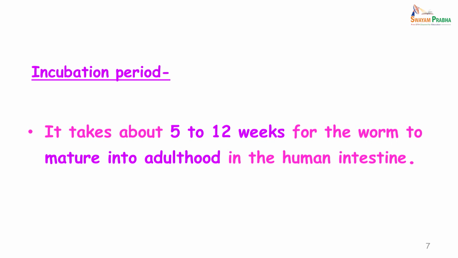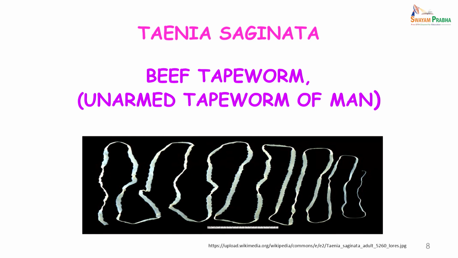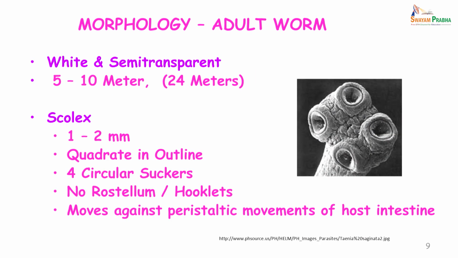Taenia saginata or the beef tapeworm is called the unarmed tapeworm of man, and that is because the head does not have any rostellum or hooklets. So, let us look at the morphology of the adult worm of Taenia saginata. It is white and semi-transparent and 5 to 10 meters in length.